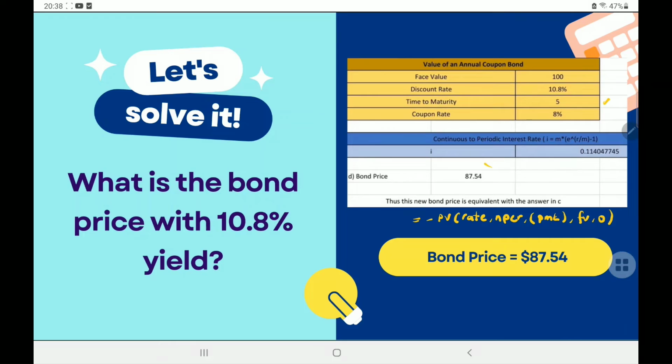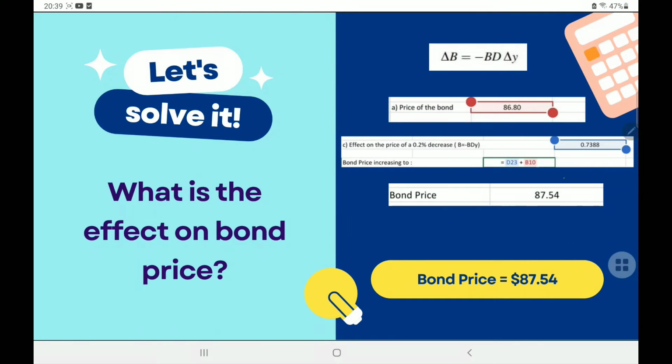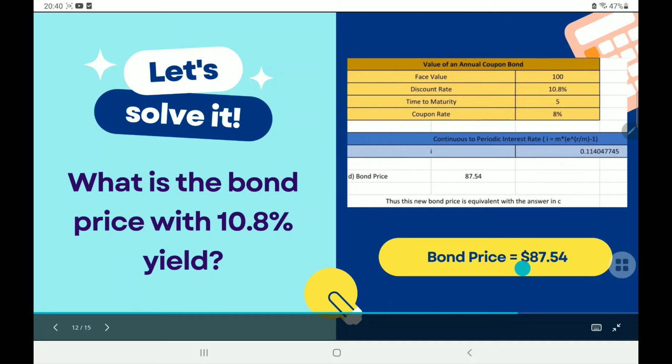Then we will get $87.54. Therefore, the bond price is $87.54, and the answer for D is equivalent to the answer in C, the question before. Thus, it is true that the value in D is equal to the value in C.